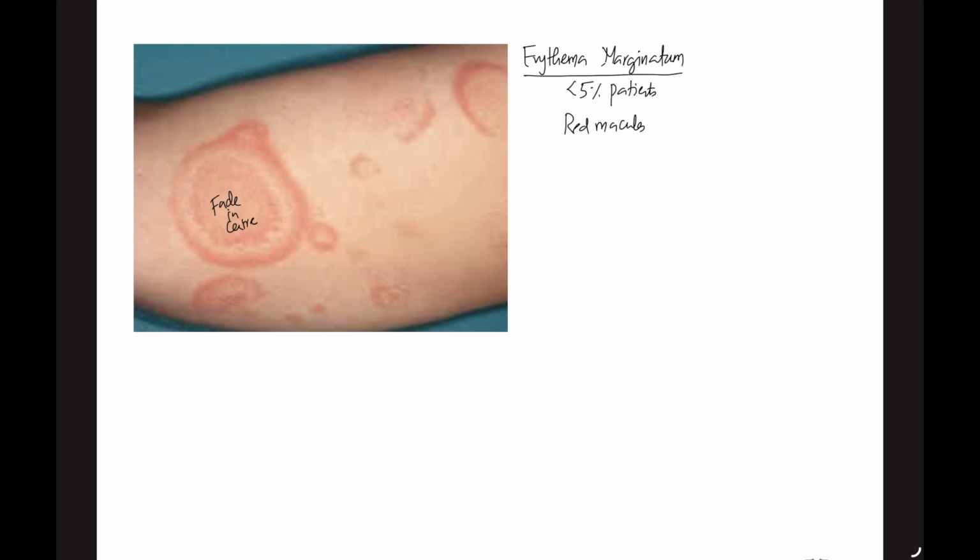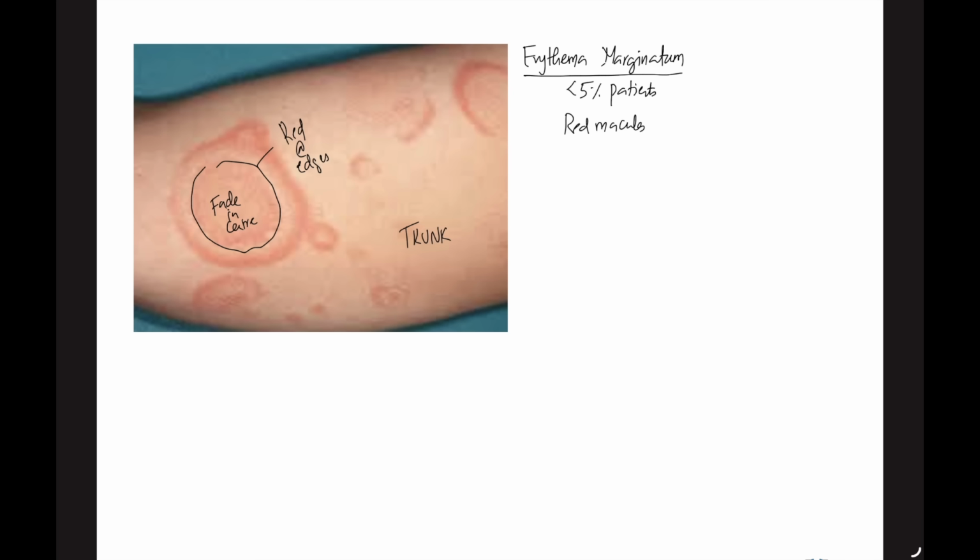This description of lesions is important for an exam like CMS, because they are not showing you any spotter image. The description becomes even more important for you to remember, right? Hope you're getting my point. So red macules that fade in the center but remain red at the edges.